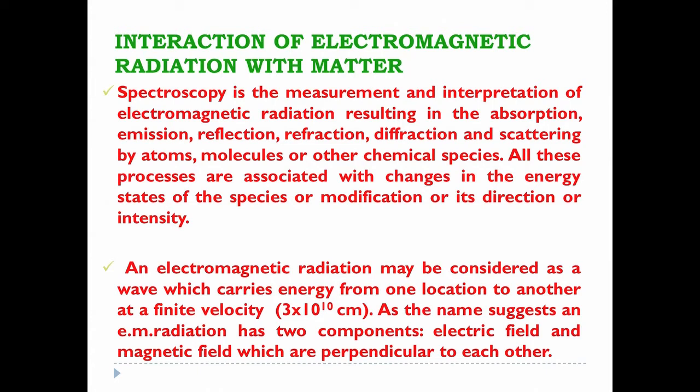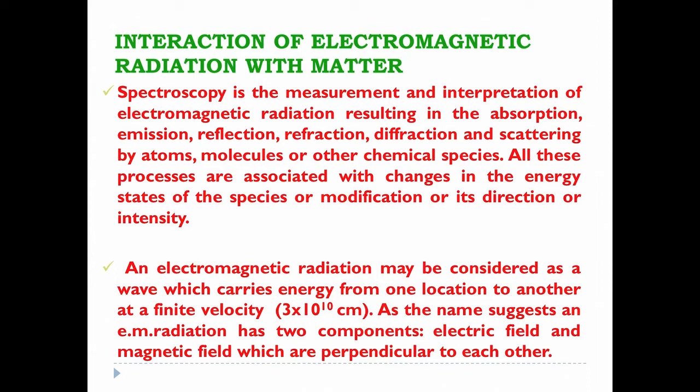So, how do we use spectrophotometry or spectroscopy for the measurement of these elements? The science is known as spectroscopy, the measurement and interpretation of electromagnetic radiation resulting in absorption, emission, reflection, refraction, diffraction, or scattering by atoms, molecules and other chemical species.